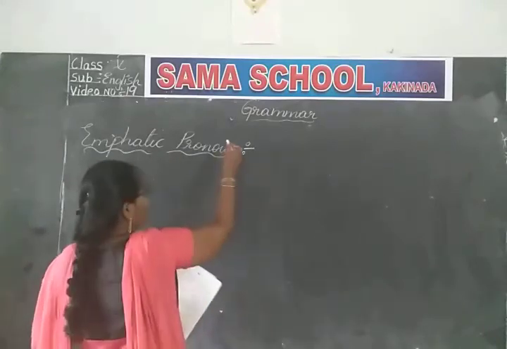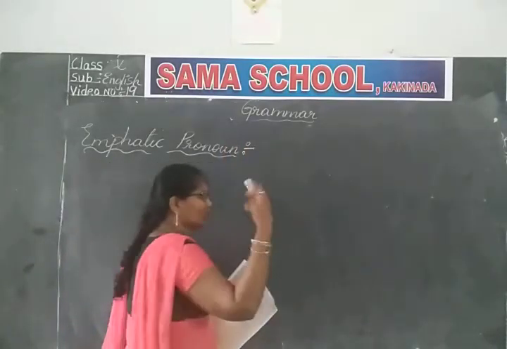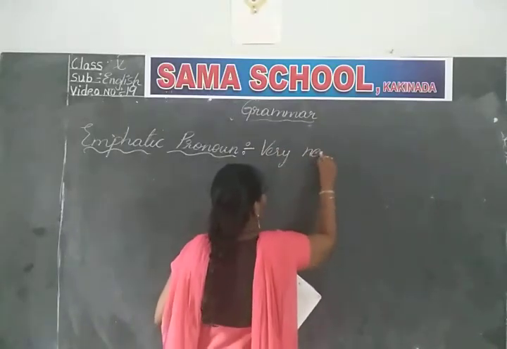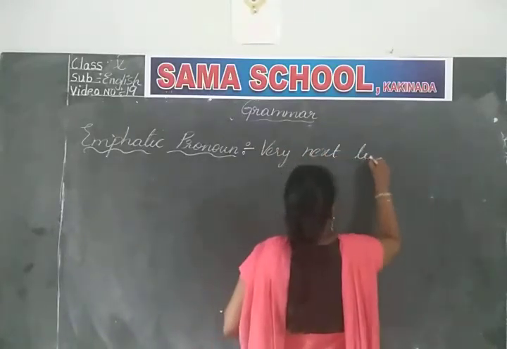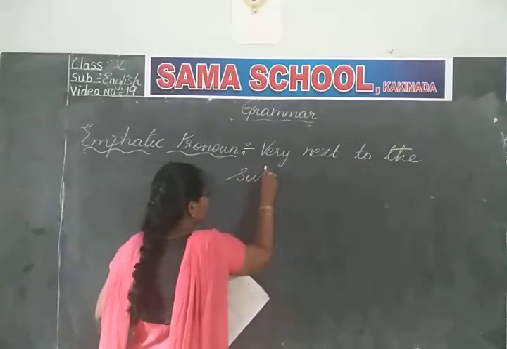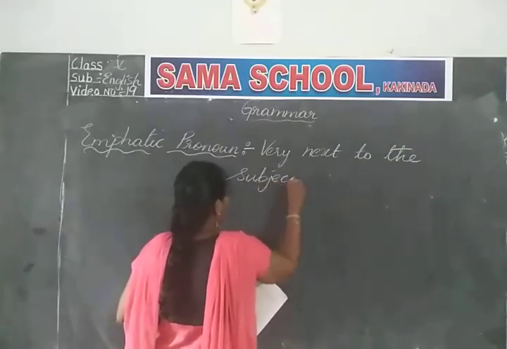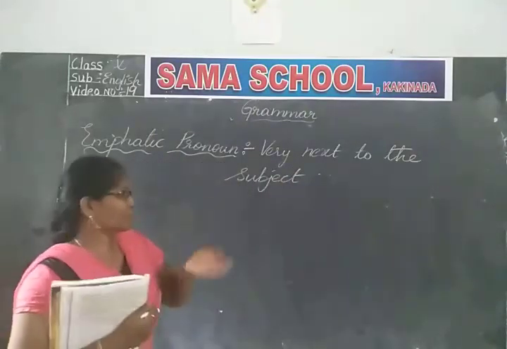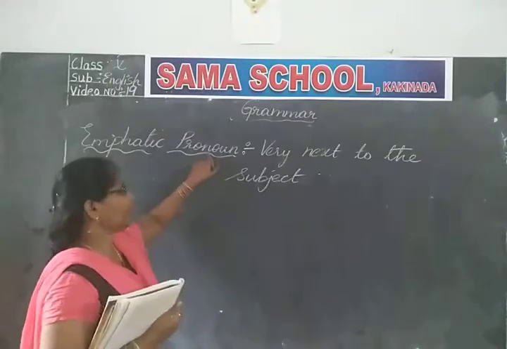So when we come to the emphatic pronoun, it comes very next to the subject. Then we consider it as an emphatic pronoun. Wherever the subject is there, next to that only this emphatic pronoun will come.